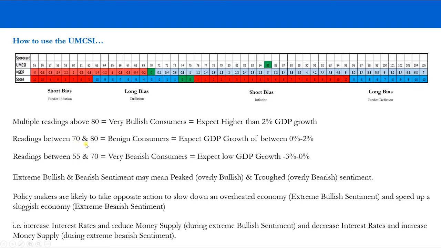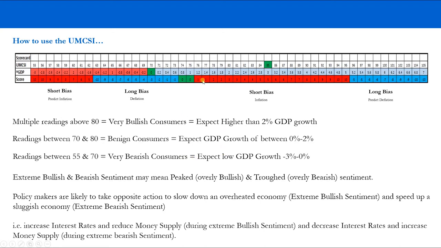Readings between 70 and 80, we're expecting benign consumers because we get GDP growth rates in the future of 0 to 2%. And if we get readings between 55 and 70, historically, this is consistent with low GDP growth, so contractionary levels of 0 to minus 3%, and we get very bearish consumers.